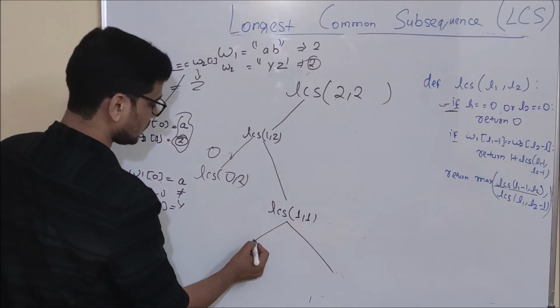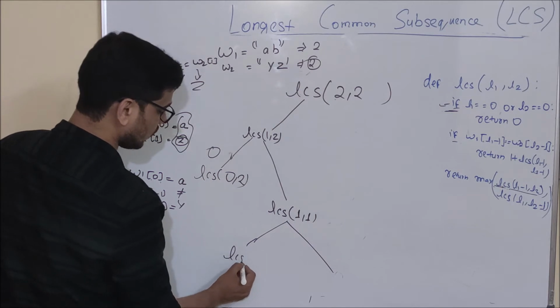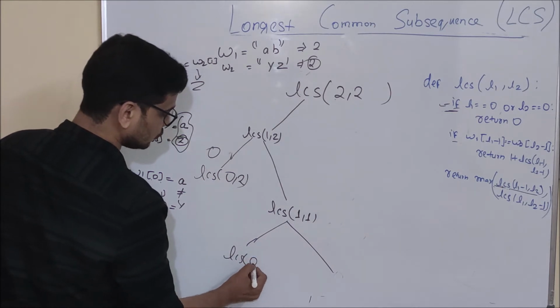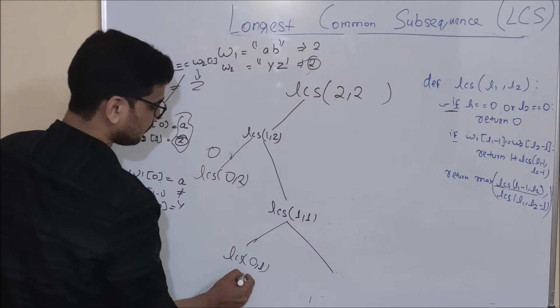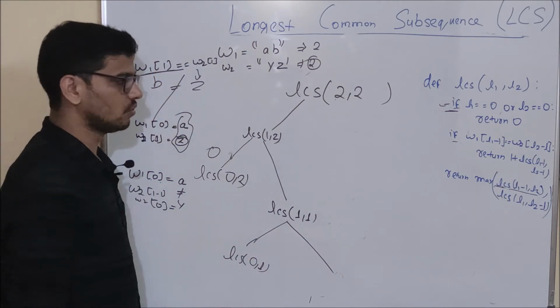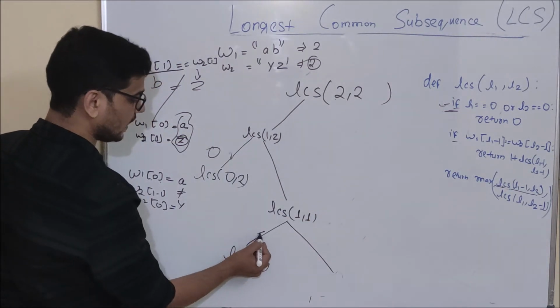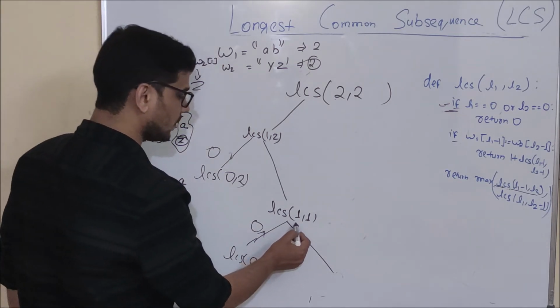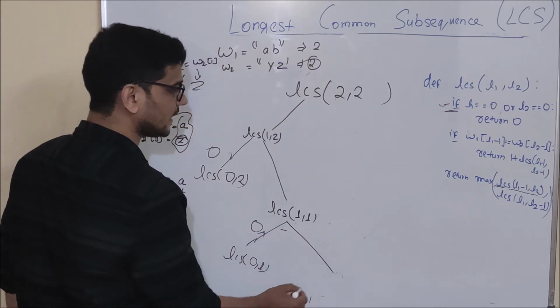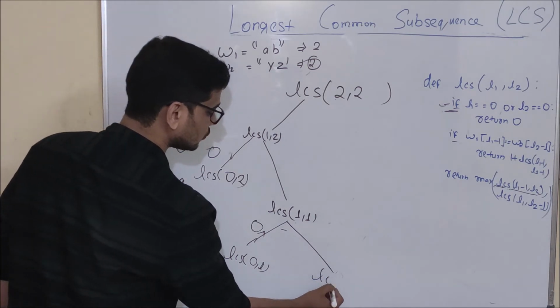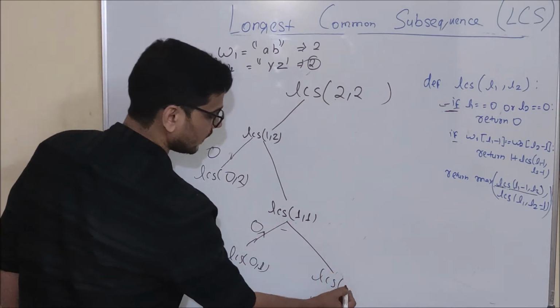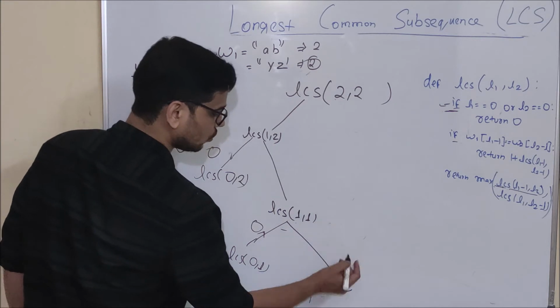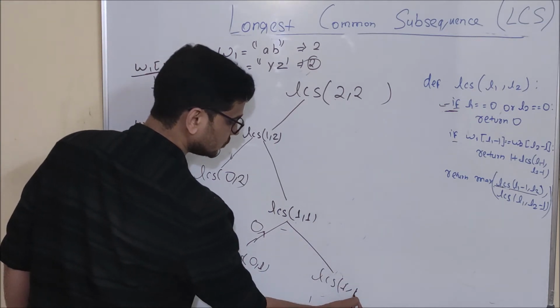So here it is going to call LCS of 0 comma 1, and when LCS of 0 comma 1 is called, L1 is equal to 0 and it will return 0 from here. Then LCS of 1 comma 1 is going to call its right part, that is LCS of L1, that is 1 comma L2 minus 1, 1 minus 1, that is 0.